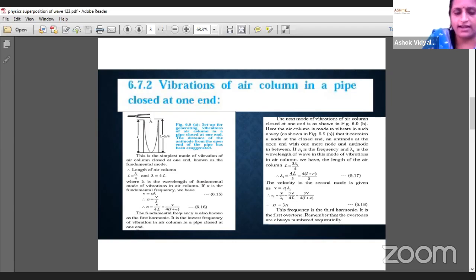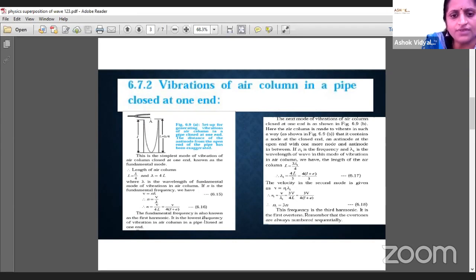Now, we noted in 11th standard the exact relation between velocity, frequency and wavelength: the formula V is equal to N lambda. Therefore, N is equal to V upon lambda. Substitute the value of lambda, that is 4L, in the above equation. We get N is equal to V upon 4L, that is, N is equal to V upon 4 into (L plus E).